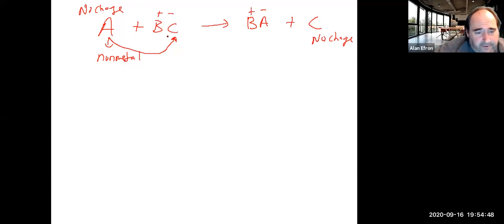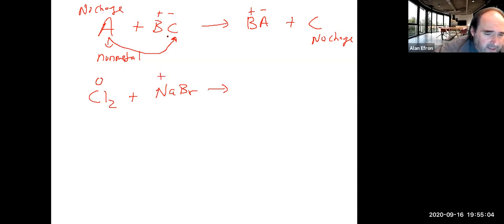So for example, if you took Cl2, chlorine, and you react it with sodium bromide, how do I recognize this? This is chlorine by itself, has no charge. This is an ionic compound, metal, non-metal. So right there, it should look just like what it does above. And what's going to happen is the chlorine is going to come in and kick out the Br. When the chlorine comes in, that's when the chlorine will get its negative charge, its normal charge. The sodium has a positive charge.